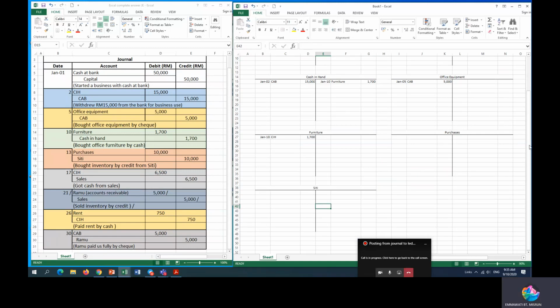So purchases is on January 13. The entry for purchases is city. And the amount is 10,000. And we have city's account on the credit side. So on the same date, January 13, we have the entry for city is purchases. So we will have 10,000.